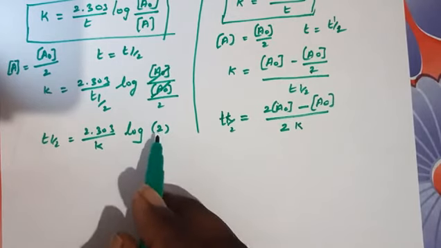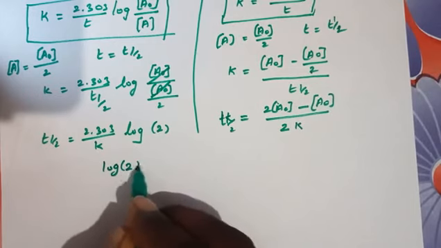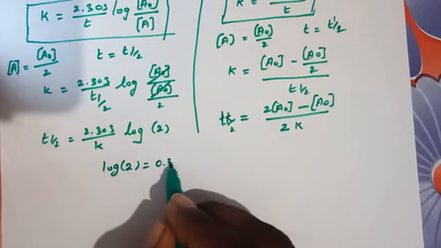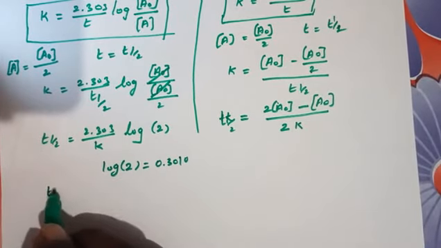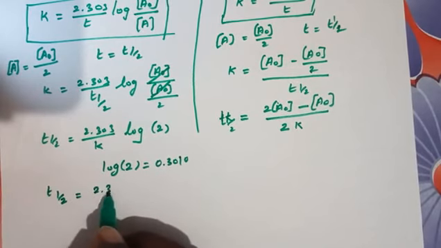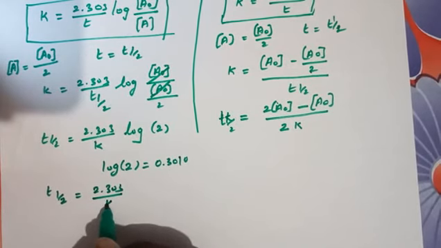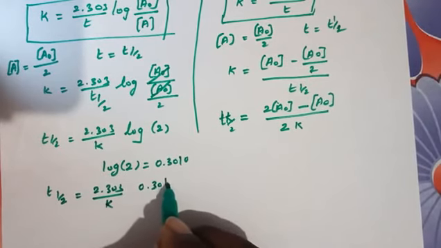Substituting the log 2 value for the first order reaction, log 2 is equal to 0.3010. Substituting this value in the above equation, t half is equal to 2.303 divided by k into 0.3010.